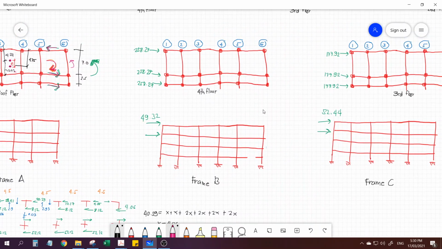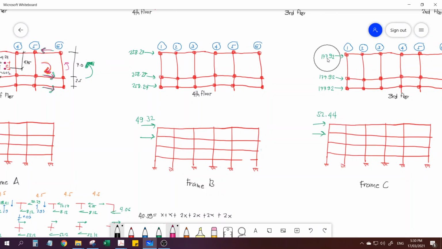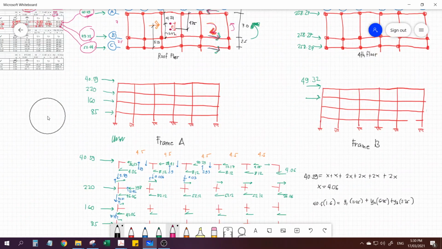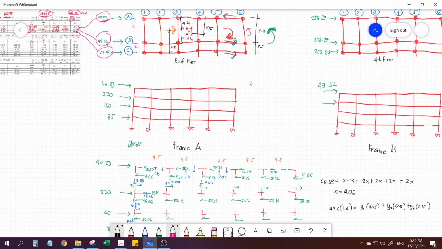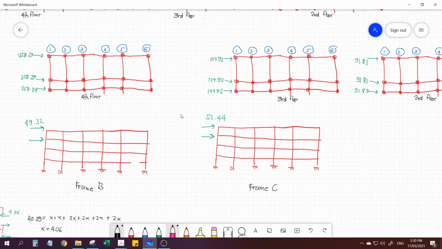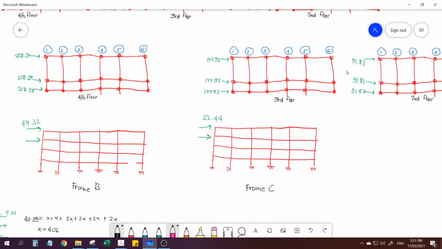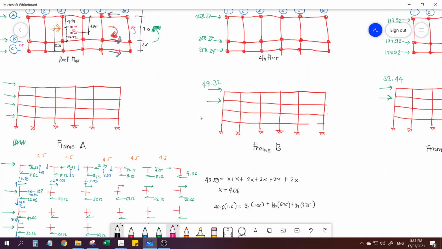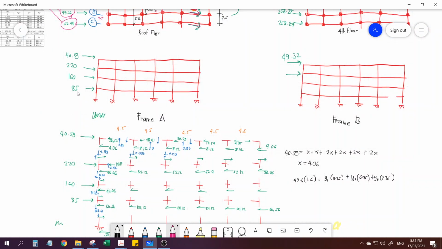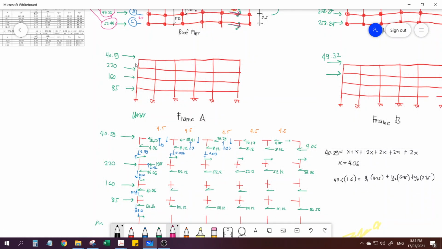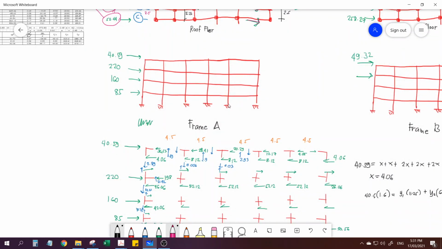Then, yung dating 177.92 sa third floor is naging 160. Then, lastly, sa second floor, yung dating 91.83 is naging, say, 85 kilonewton. So, yan na yung total lateral force acting sa frame A from our base shear.